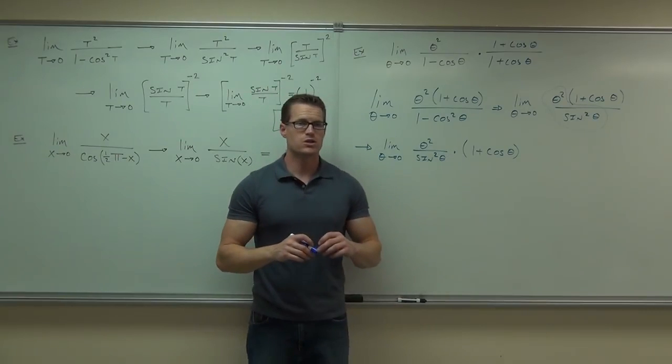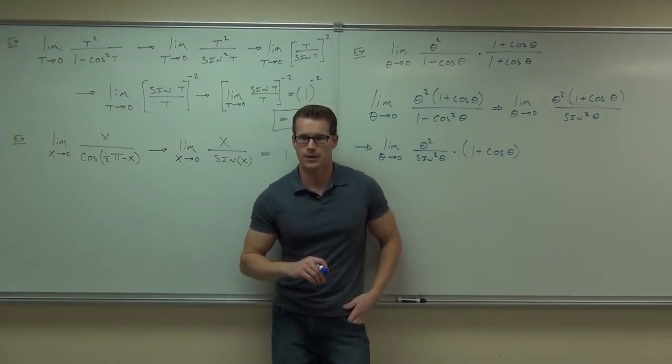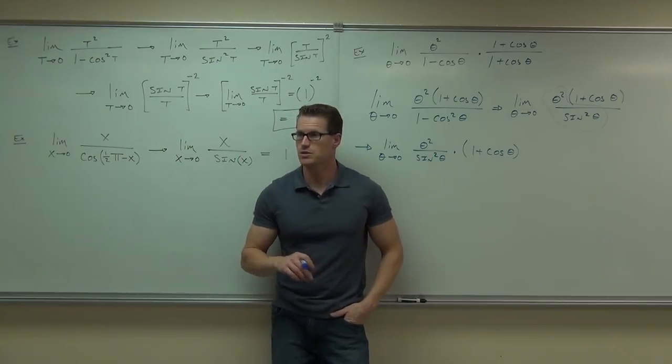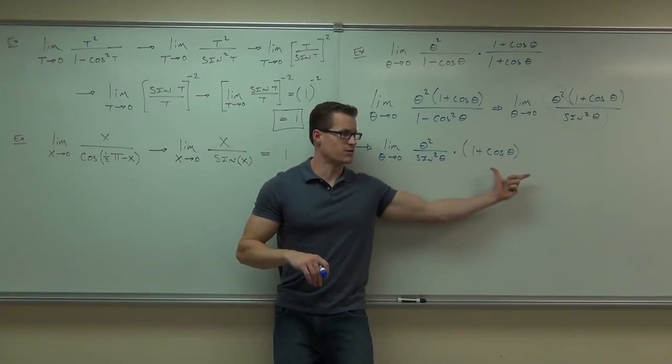Okay, now, what can you do with limits that are being multiplied together? Can you split them up by multiplication? Do that now. Make 2 limits out of it: limit of this one times the limit of this one.